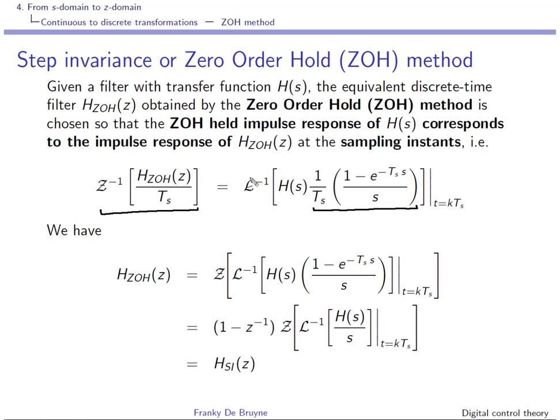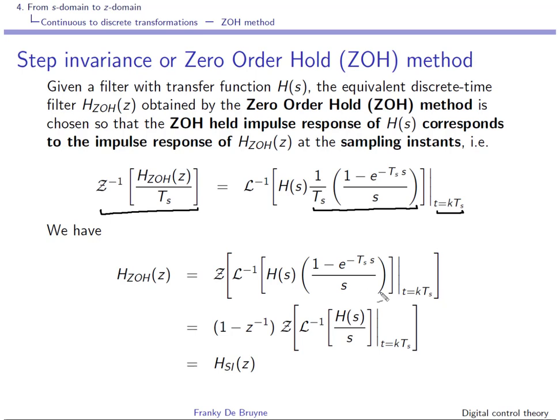So if we take the inverse Laplace transform, we have the impulse response that takes into account the analog to digital and digital to analog conversion. And now we have to make sure that this impulse response corresponds to the discrete time impulse response.